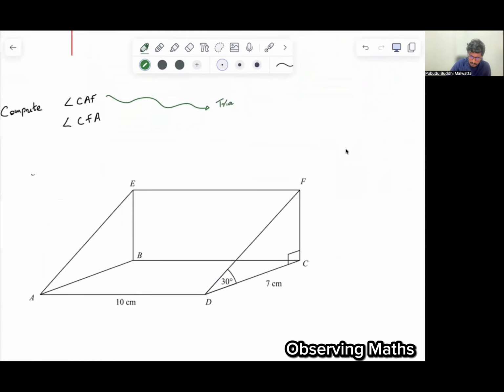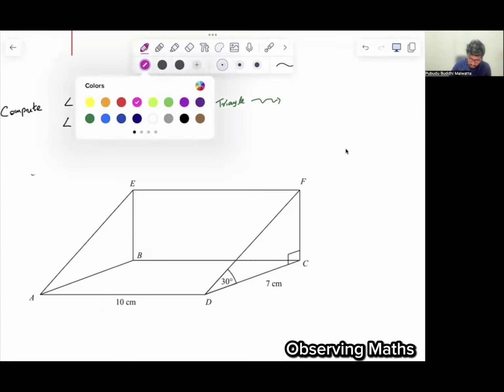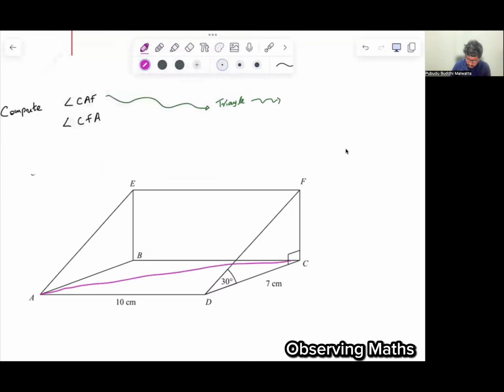What's the suitable triangle to get that angle? It's, I think, the CAF triangle. Hence, I have to connect these two. But that's on the plane.